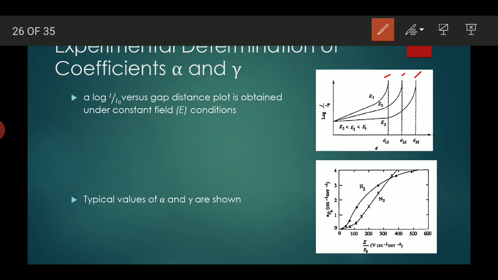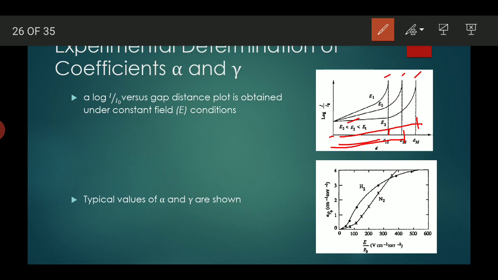From the results, log of I slash I0, that is the ratio of I and I0, versus the gap is plotted. This is the zero distance, this is the first gap, this is the second gap, and the third gap is much more. Slowly you will see how the current increases as the gap changes.